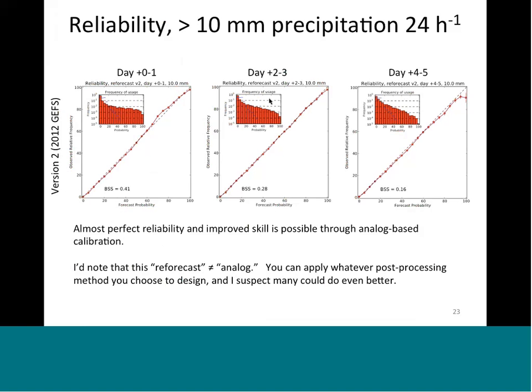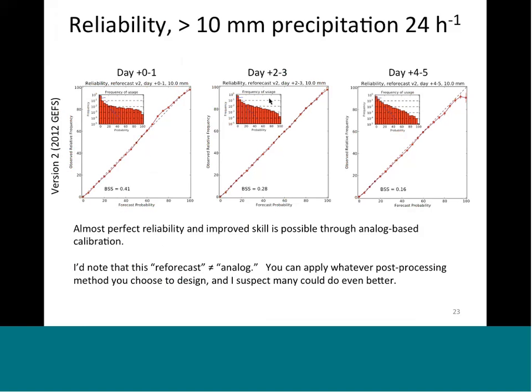And this is data over many years, several decades worth of data, and over a set of grid points that covers the contiguous United States. Our forecasts are very reliable. When we issue a forecast probability of 95%, it tends to happen 95% of the time, at least for everything but the most extreme precipitation forecast events.